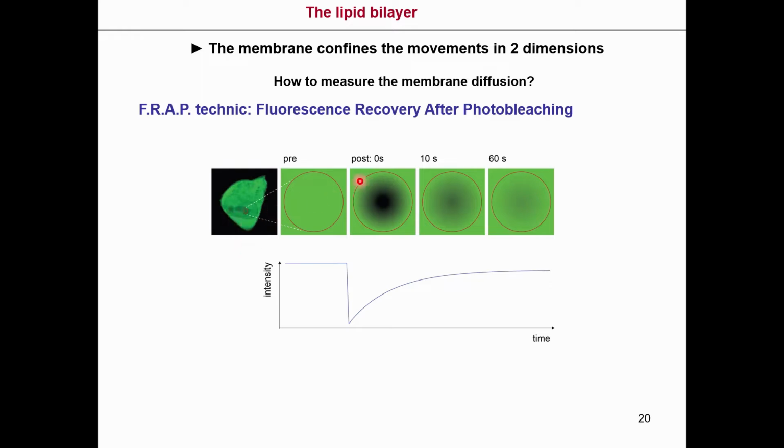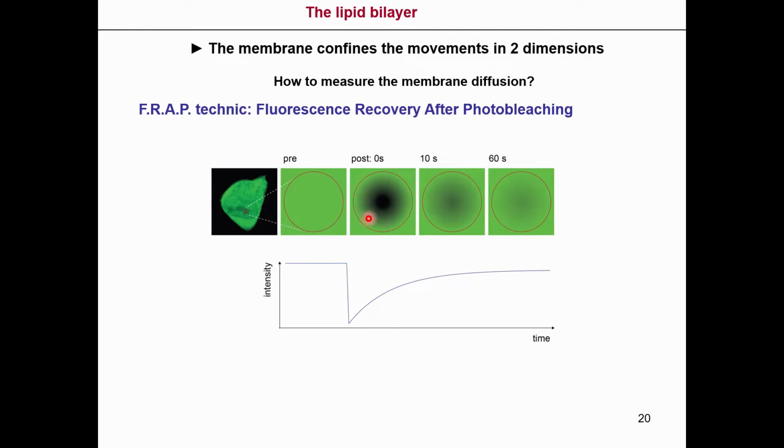Upon the laser light, what happens? Your organic molecule will be photobleached. It means that when you have a laser, the fluorescence of your molecule will decrease because the light of the laser is too strong. It's called photobleaching.